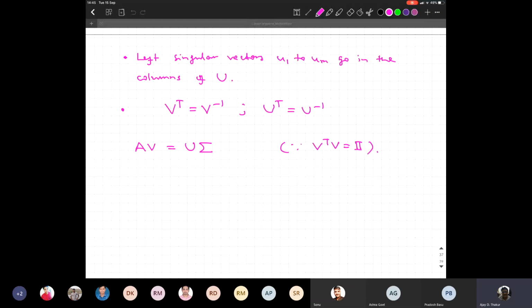Therefore, this particular form can be expanded to write A times V1 to VR to Vn should be equal to U1 to UR to UN multiplied by a matrix which would be sigma 1 up to sigma R.